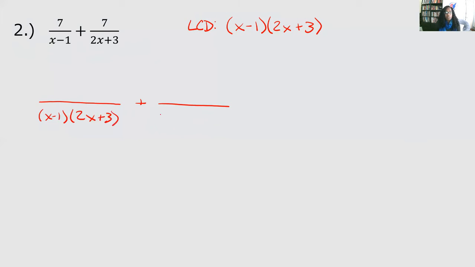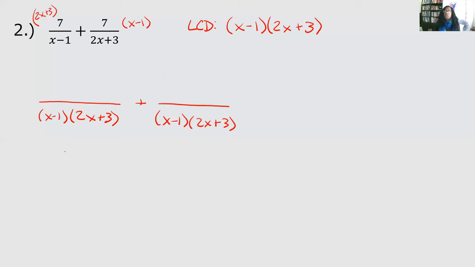Okay? So now, in order for me to have those common denominators for both of them, I have to do multiplication. So that means my first ratio on the left-hand side, I need to multiply it by that 2x plus 3. You see how it crossed over? Okay, so that means for the other ratio, I need to multiply by x minus 1.